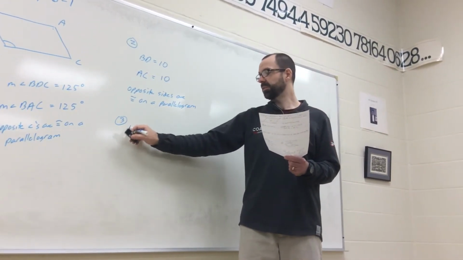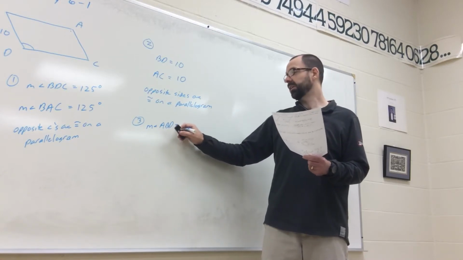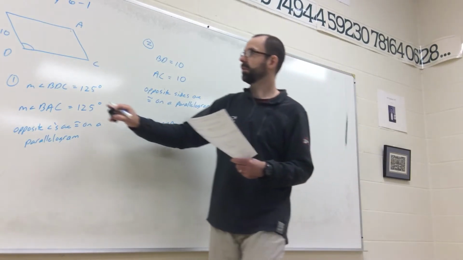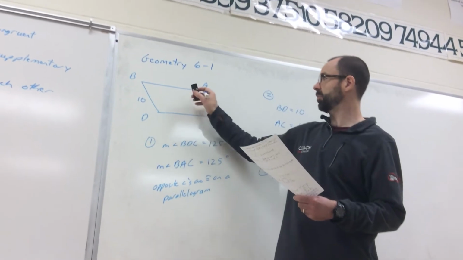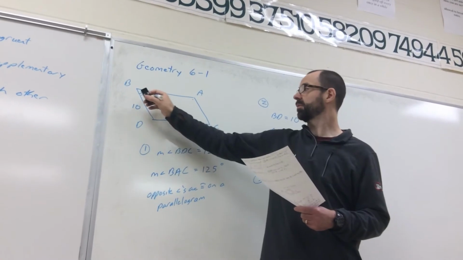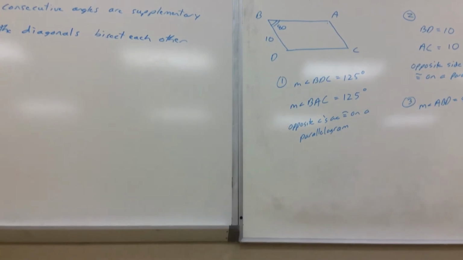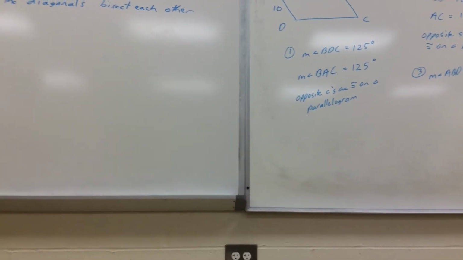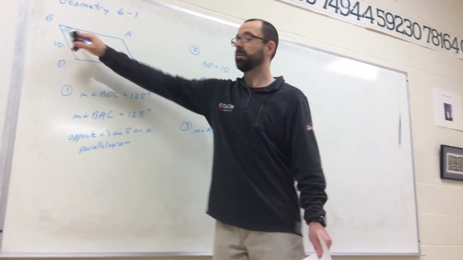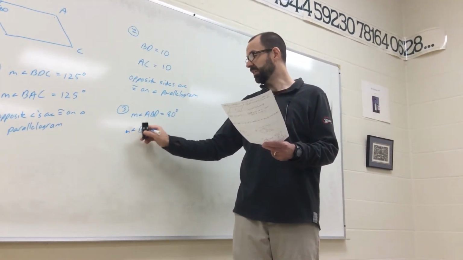Okay, number 3 says the measure of angle ABD is 80. So this time they measured up here, ABD, this rotation. So ABD is 80. And they want to know what the measure of angle BDC is.